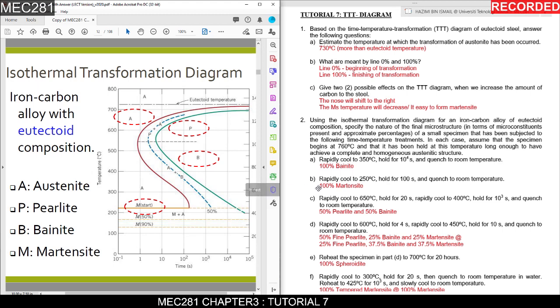Okay, so question B is rapidly cool to 250, from 760. That's right. Hold for 100 seconds. So 10 to the power of 2 is 100 seconds, and then quench to room temperature. So around here, right?